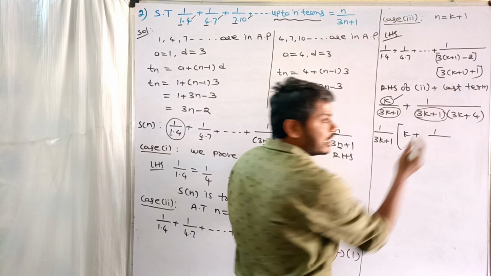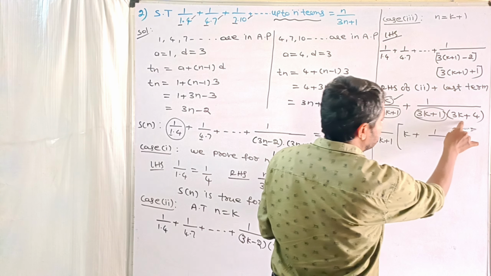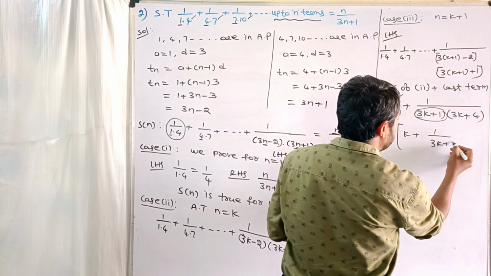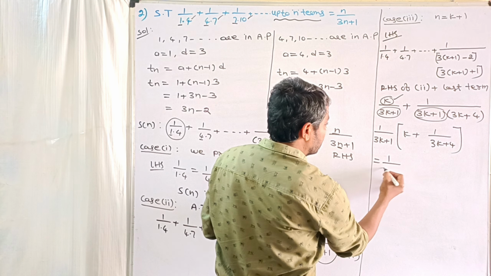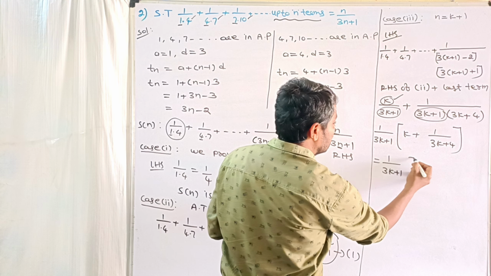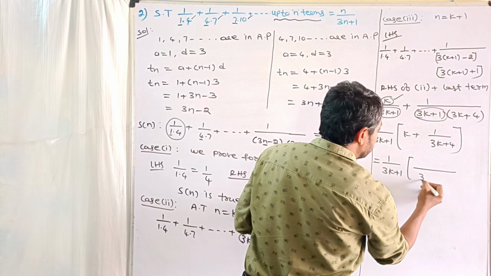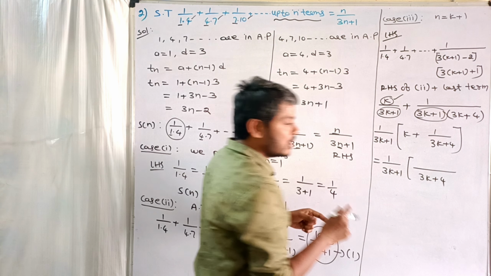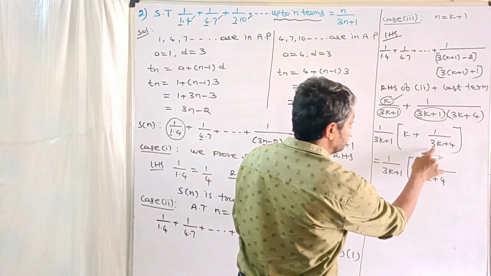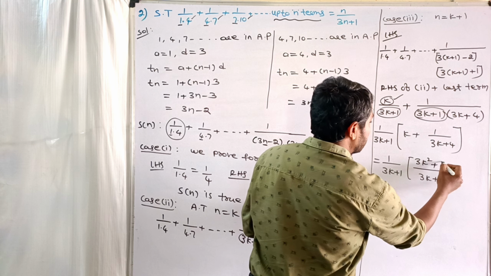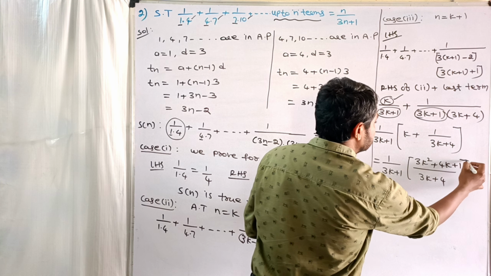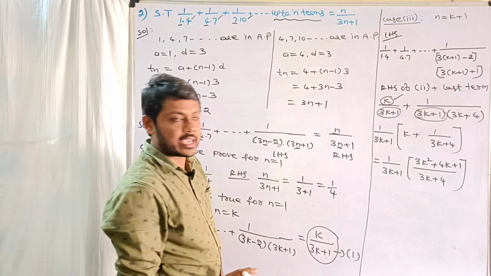Plus, in the second term, the remaining term is 1 by 3k plus 4. What is the LCM? 3k plus 4. Cross multiplication: k into 3k, 3k square plus 4 into k, 4k plus 1.